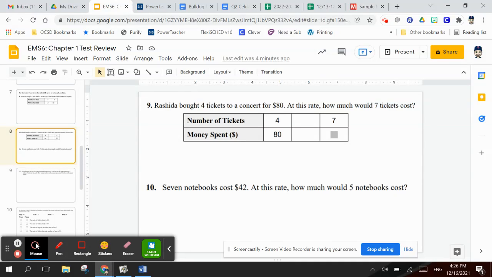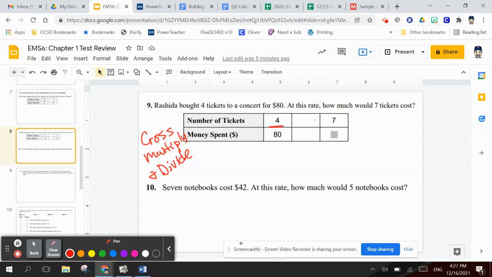Number 9 says Rashida bought 4 tickets to a concert for $80. At this rate, how much would 7 tickets cost? So again, we can do the same thing. We can find that unit rate if we want to, but I'm going to skip that and just go ahead and use my cross multiply and divide strategy.